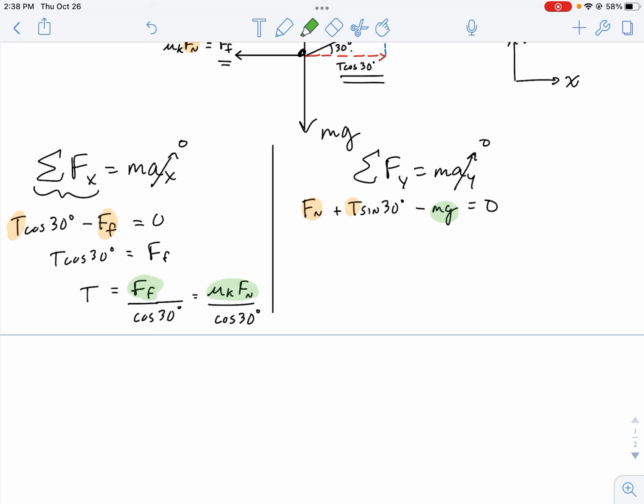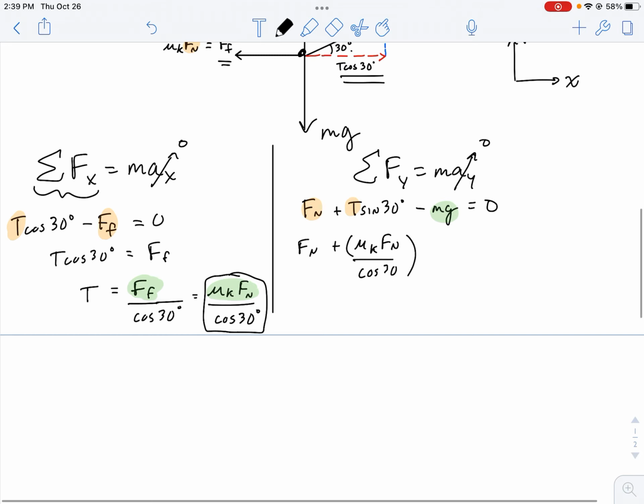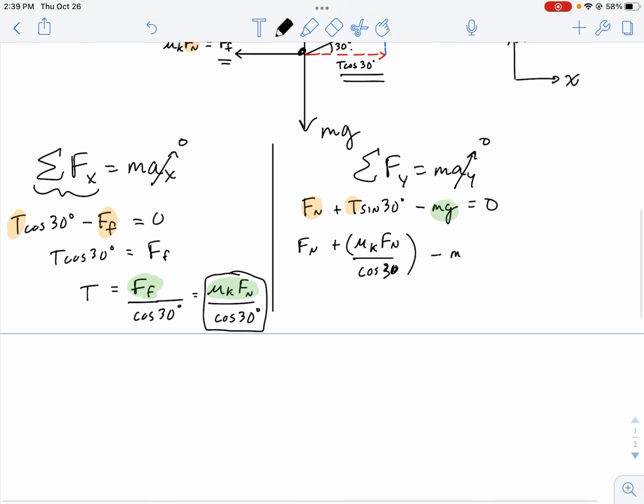So I've derived an expression for T. I can plug this expression for T into the other equation. Substitution, so we have Fn plus, and now instead of T, I'm going to write mu sub k Fn divided by cos 30, times sine 30, minus mg equals 0. I forgot the times sine 30 at first.